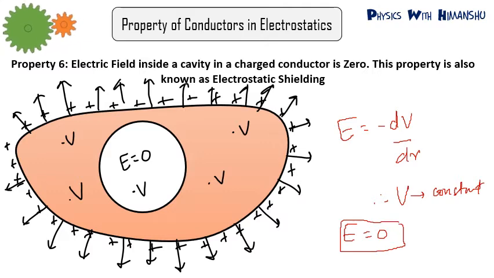You have to remember this definition of electrostatic shielding, because since there are no excess charges inside this conductor, there can be no electric field. So the electric field inside this cavity will be equal to 0. But suppose there is a charge inside the cavity, then this property is not applicable. This property is only applicable if the cavity contains no charges.